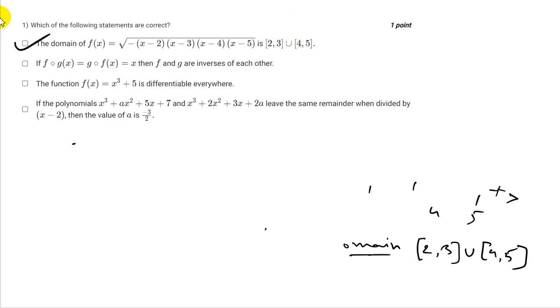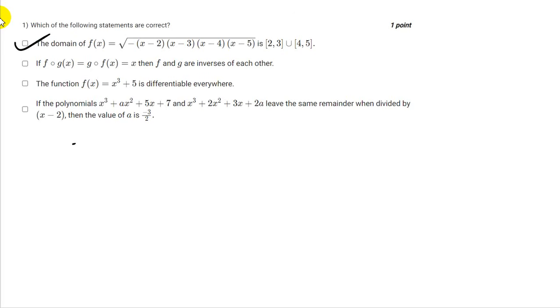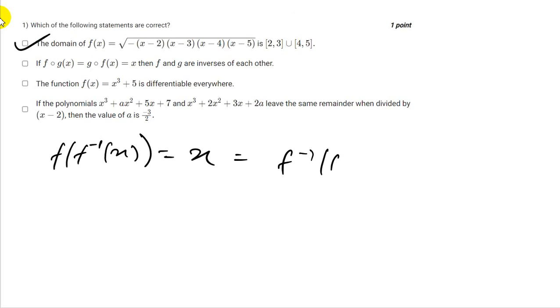of g(x) is equal to g of f(x), then f and g are inverses of each other. Okay, so by the very definition of the inverse of a function, we know that f of f inverse of x is x, and this is also equal to f inverse of f(x).